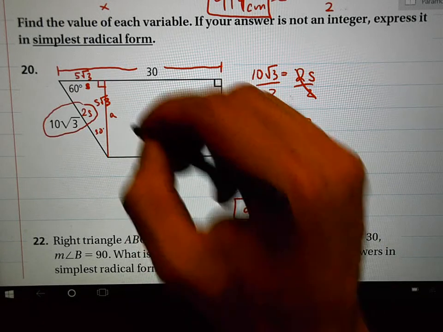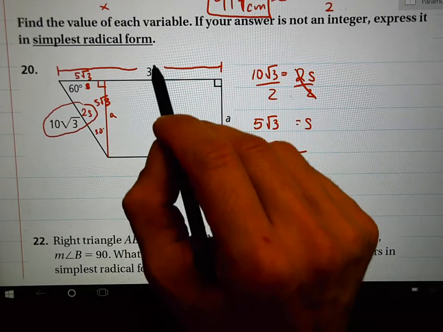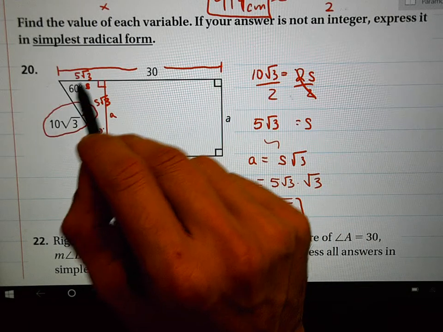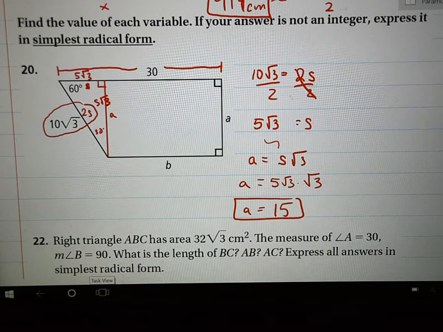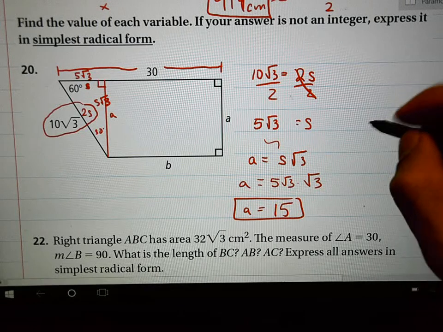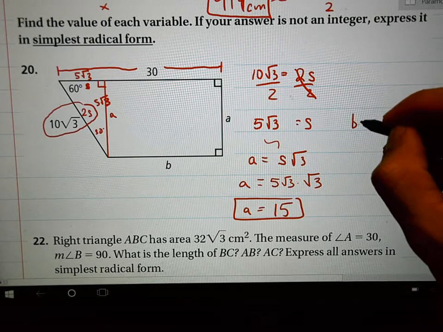Now B is this distance. 30 is the full distance, and then we have 5 root 3. If I'm going to find B, I'm going to have to do something. If you know what B is going to be, tell the person you're sitting next to what you think it is.